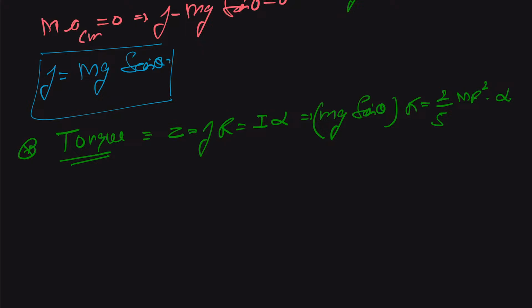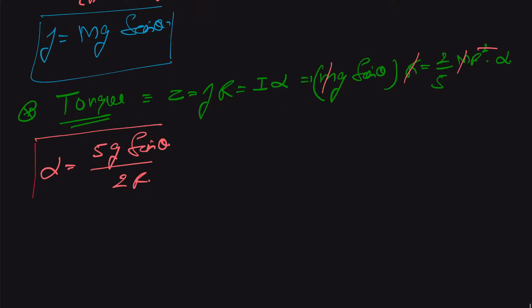From here we can write that alpha will be equal to, this R cancels with the square, we get 5, and mass goes with mass. So we get 5g sine of theta divided by 2r, and this is our value of angular acceleration.